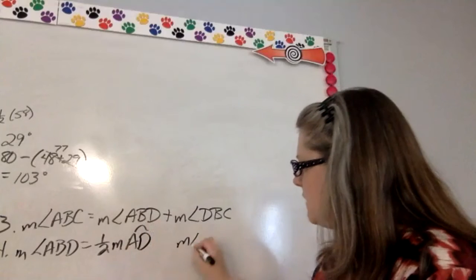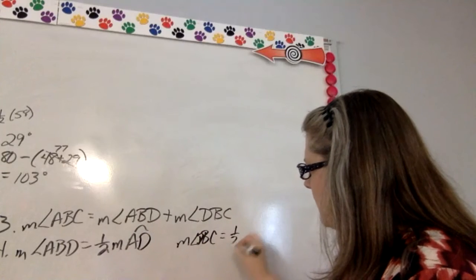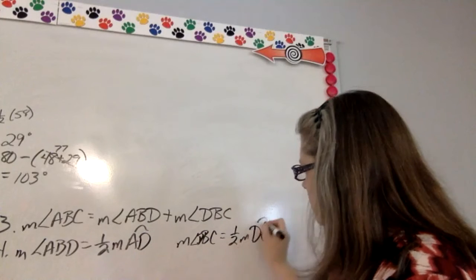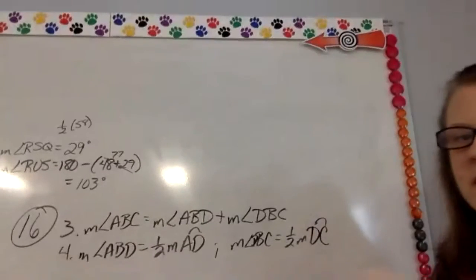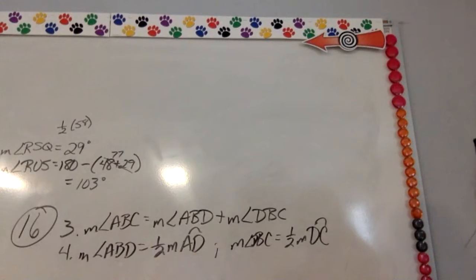And we can say measure of angle DBC is equal to half of the arc that it intercepts, which is marked arc DC. Because the inscribed angle is equal to half of the measure of the arc that it intercepts.